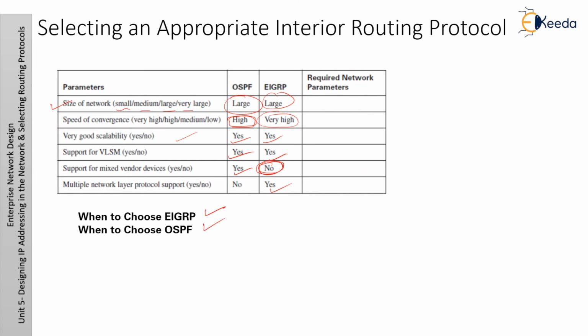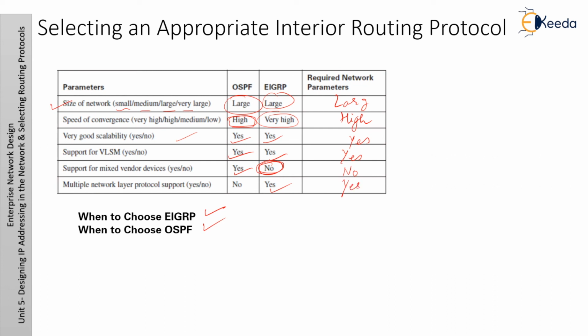On the basis of the previous table and this table, we can decide whether you want to use EIGRP or OSPF. Whatever parameters you are interested in, like a large network, high scalability required, support of VLSM required, mixed vendor not required, and multiple network layer protocols required, then what will be your choice?